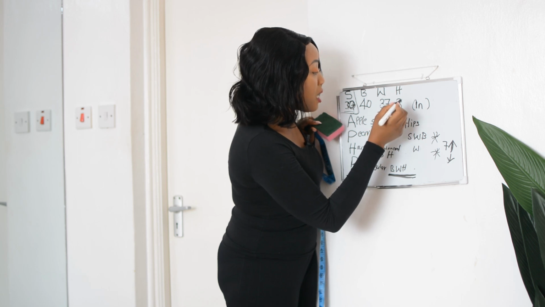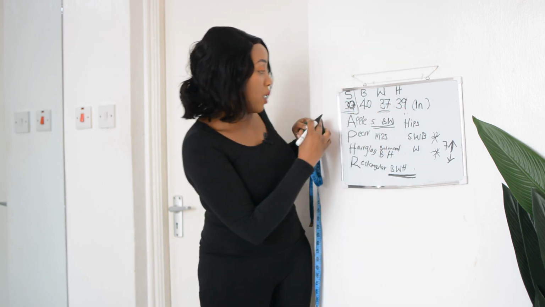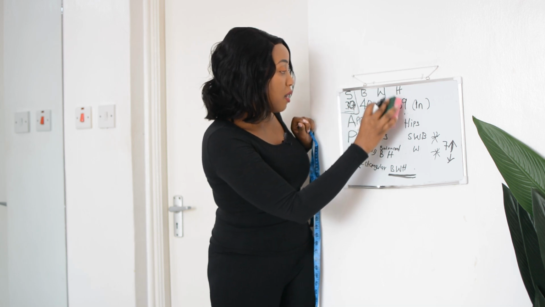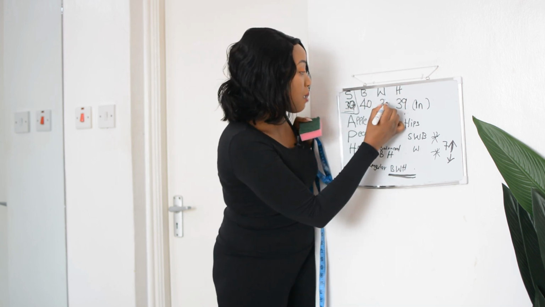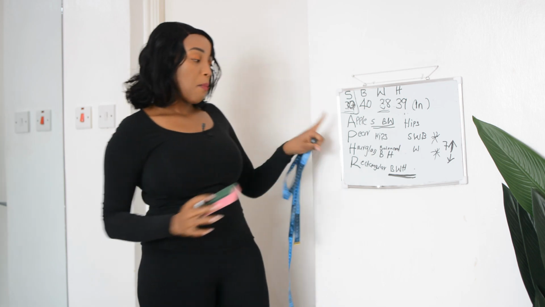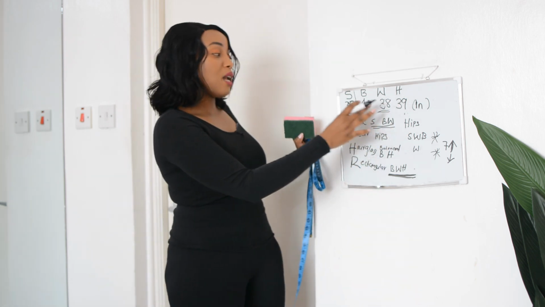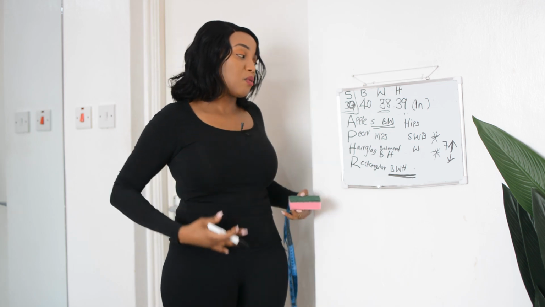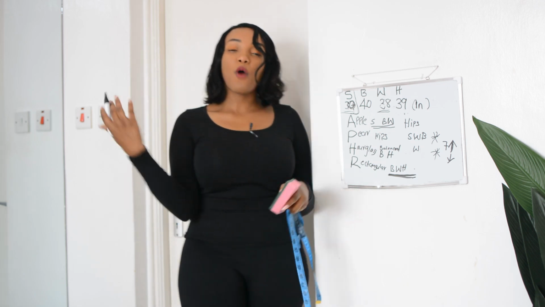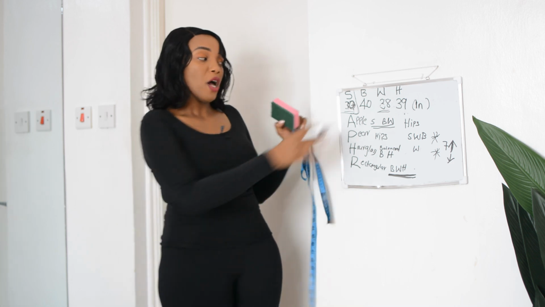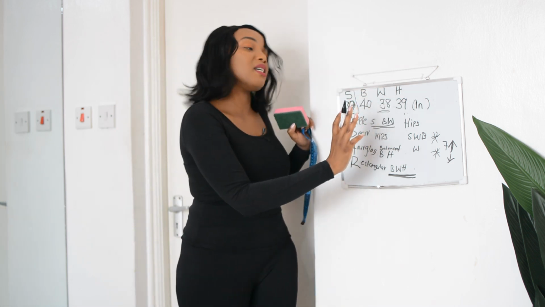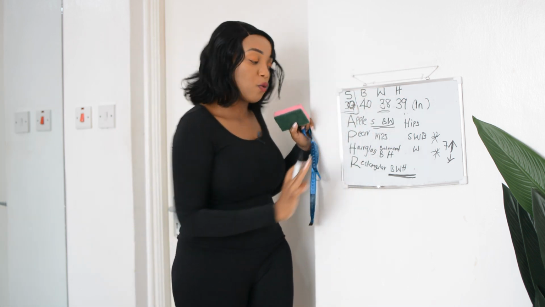We can have the hips there as 39 and maybe the waist as 38, something close to that. So most people who fall under apple, the hips are the smallest, and these people are defined by a heavy top. So that could be an example of what they could measure.